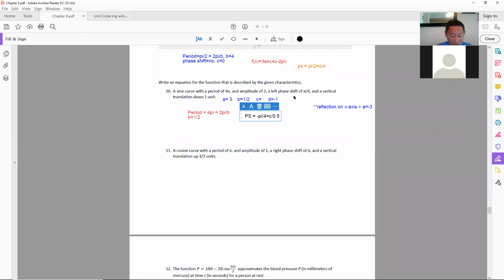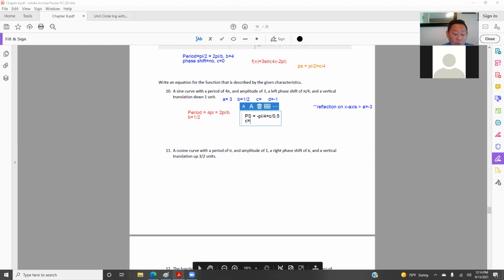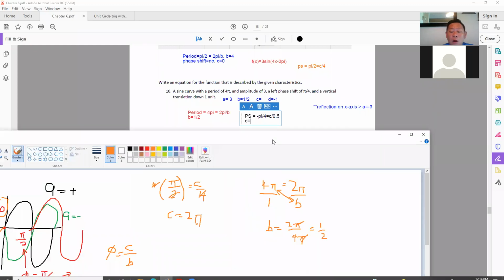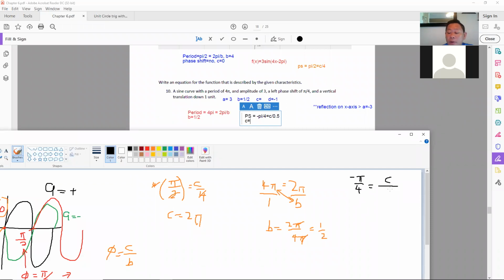So in this case, we are trying to solve for C. Normal solving here: negative pi over 4 is equal to C over 0.5. In order to solve for C, I multiply both sides by 0.5.